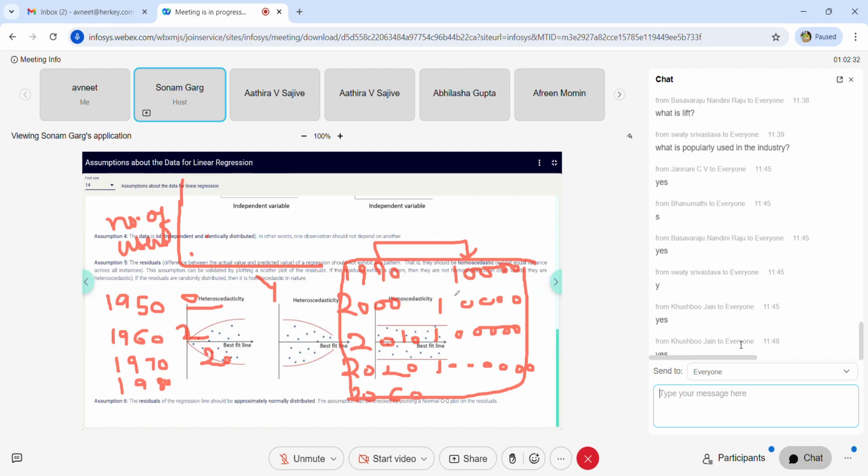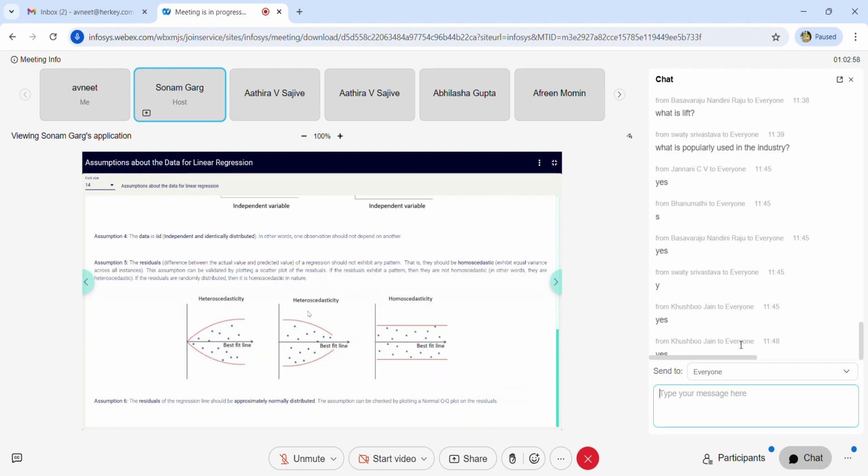The mean will come somewhere around here, or maybe here. If I assume the mean and now find the error component, the difference between 10,000 and 0 is too high. The difference between this value which I have taken as mean will be too high in comparison to 0, 2 and 20. So there you will see such a kind of pattern.